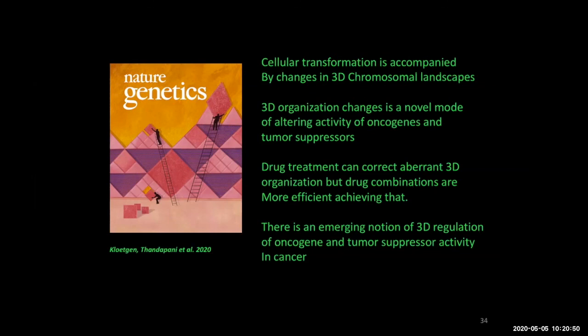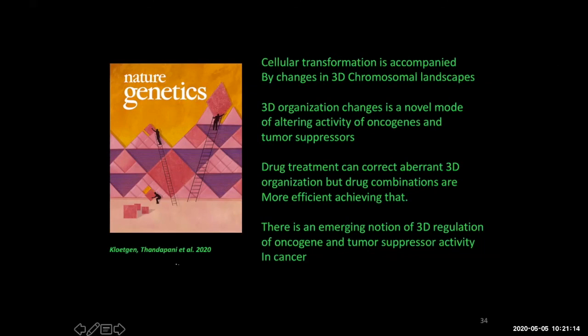I've told you that 3D organization changes are a novel mode of altering activity of oncogenes and tumor suppressors. This particularly interests us because it might be a mutation, a change in methylation, a deletion or a loss, but it could actually be just a change of 3D organization that makes a tumor suppressor a tumor suppressor.